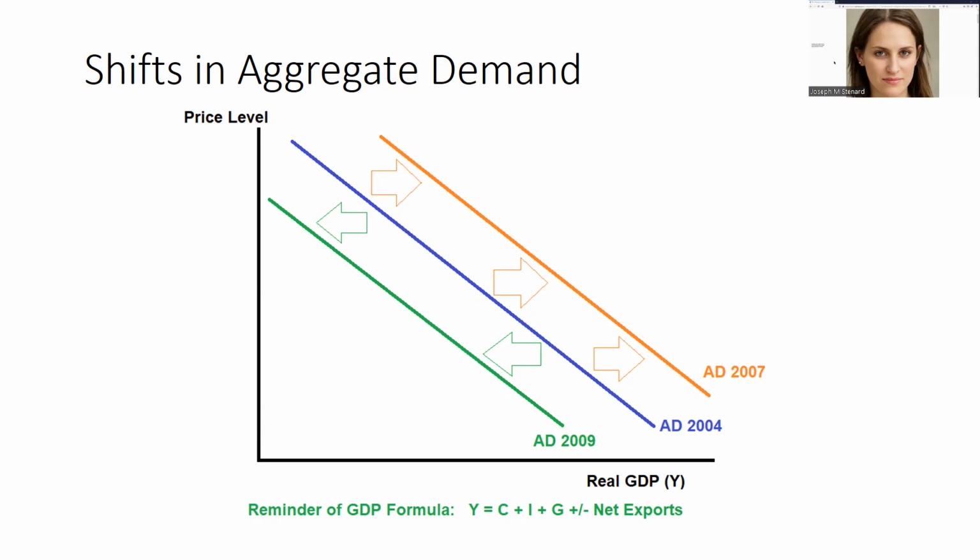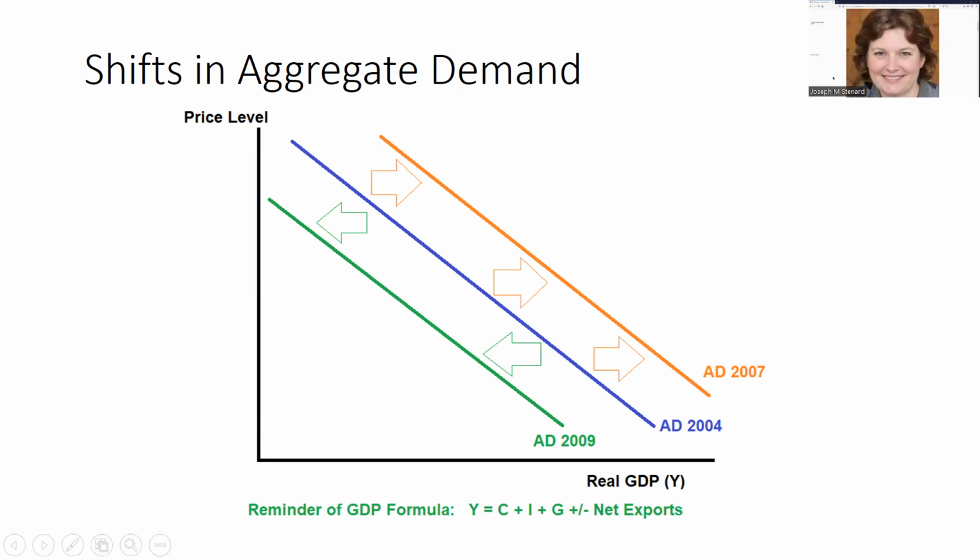So if we buy $10 billion from China and they buy $2 billion from us, then the net effect is $8 billion less to our GDP, because the amount of the net exports is the difference between what we're buying from other countries and what they're buying from us.